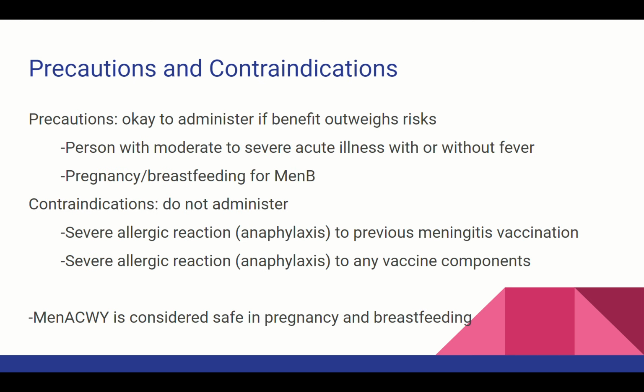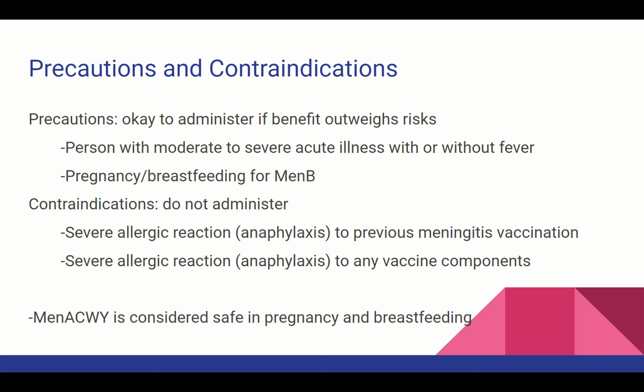There are some precautions and contraindications to meningitis vaccine to be aware of. Precautions within certain patient populations should be a discussion between provider and patient on whether or not the risks outweigh the benefits of vaccination.